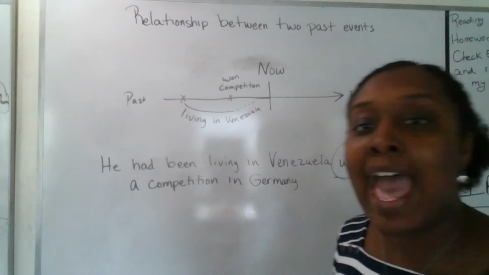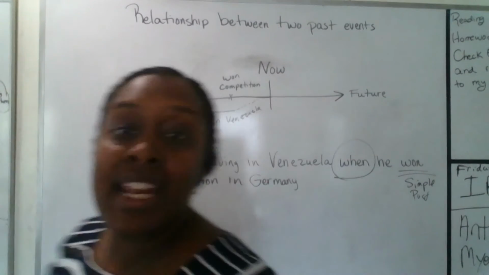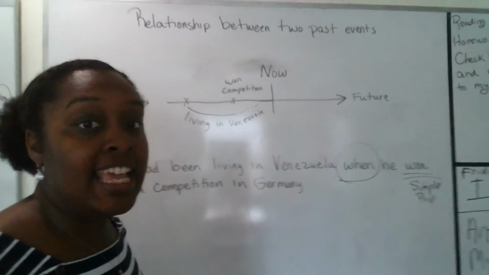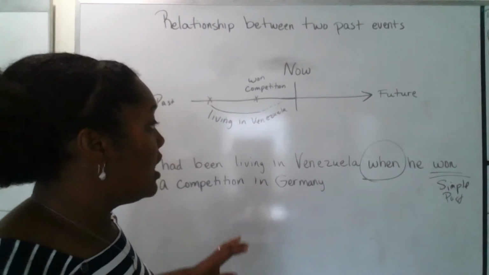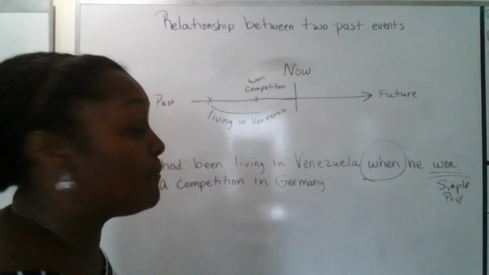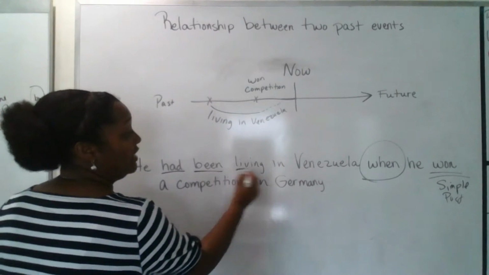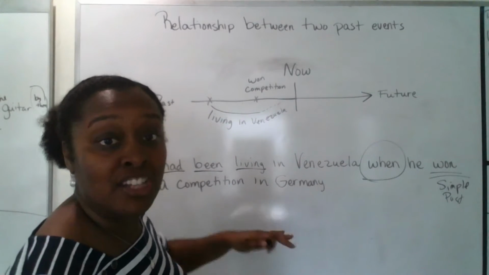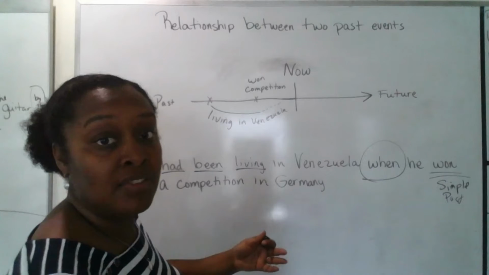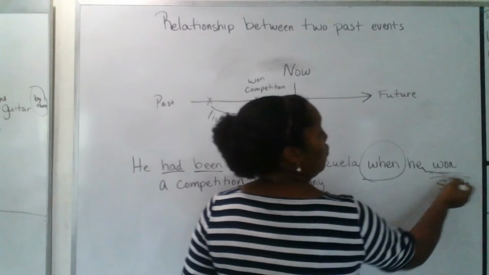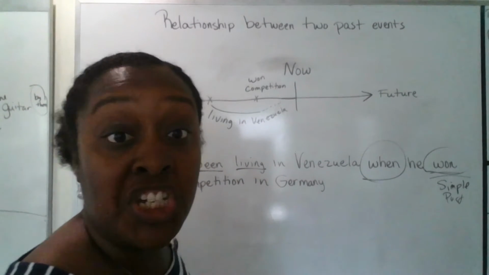We have had been living, that's your past perfect progressive, and we have won, which is simple past.